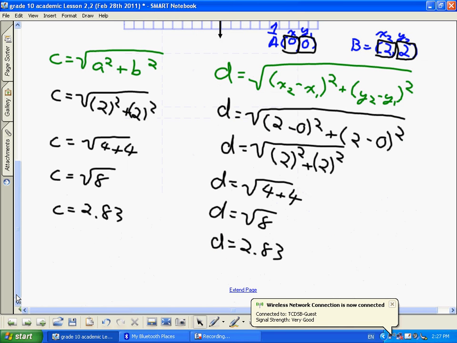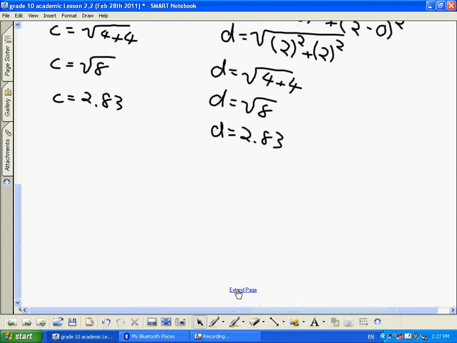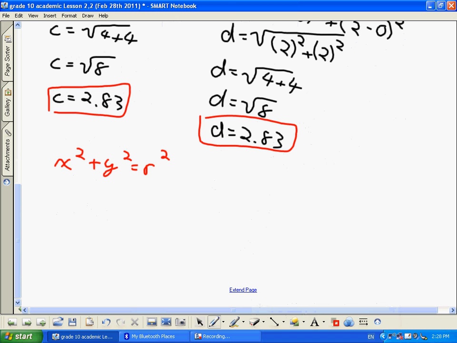Now, the problem is, I need to find the equation. So I found the radius. I need to find the equation of a circle. Our theoretical model is x squared plus y squared equals r squared. Well, my r is that exact same number, so we plug that in for r. Technically, there are more numbers after 2.83, but what is 2.83 squared? It's 8.